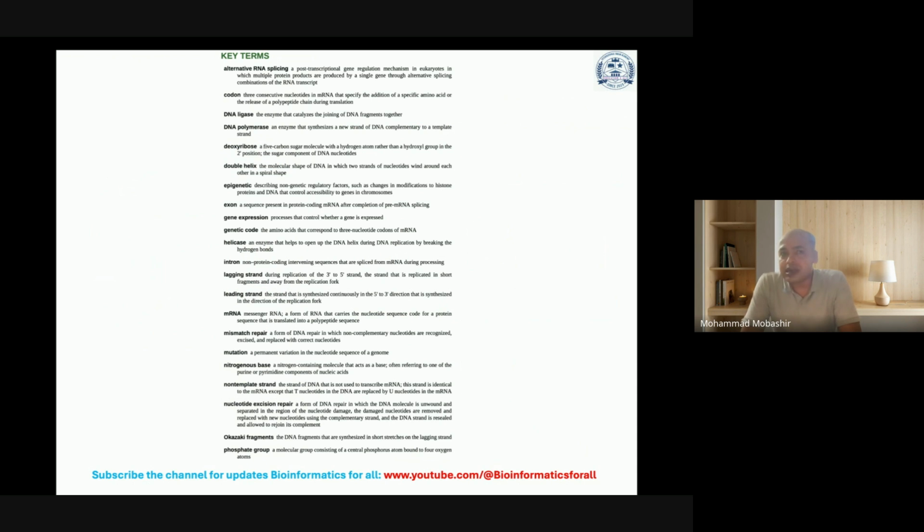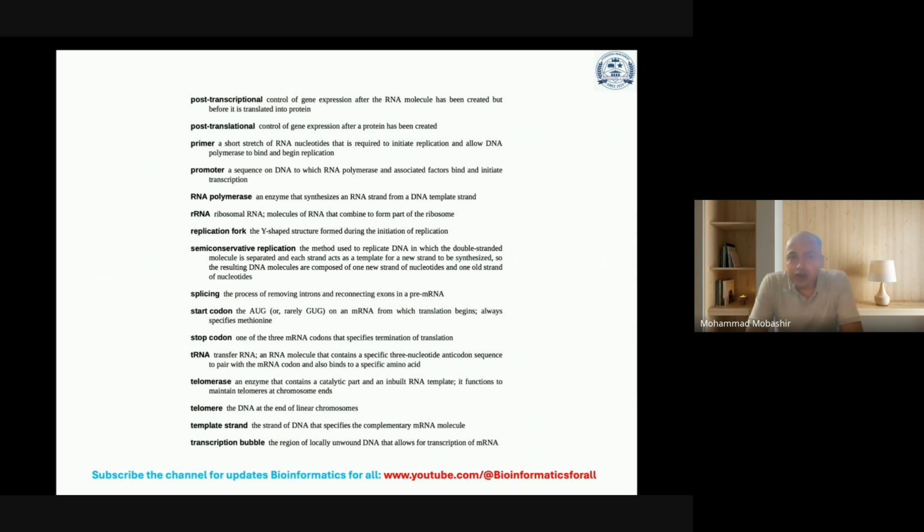For example, alternate RNA splicing, codon, DNA ligase, polymerase, deoxyribose, double helix, epigenetics, exon, gene expression, genetic codes, helicase, intron, exons, lagging strand, leading strand, mRNA, mismatch repair, mutation, nitrogenous bases, non-template strand, then nucleotide excision repair, Okazaki fragments, phosphate groups, post-translational modification, post-translational controls, primer, promoter, enhancer, RNA polymerase, rRNA, replication forks, semi-conservative replication, splicing, start codon and stop codon, transfer RNA, telomerase, then telomere, template strand, transcription.